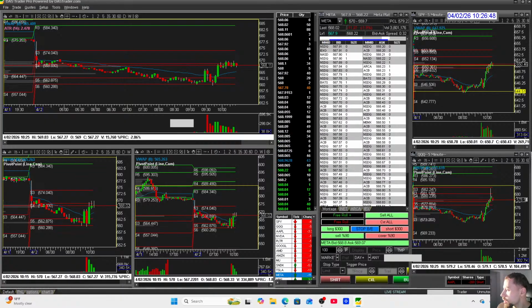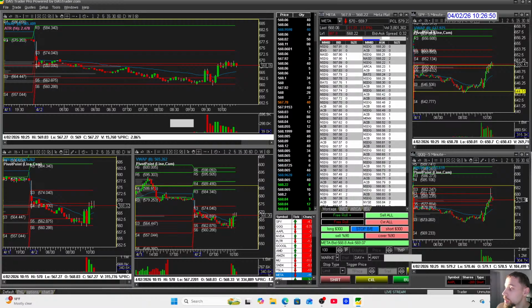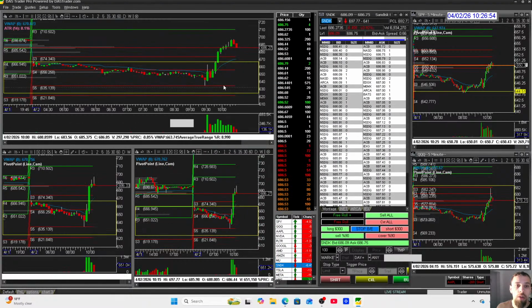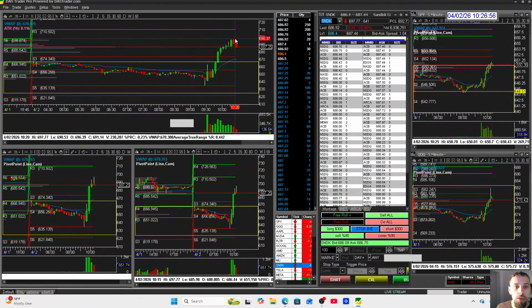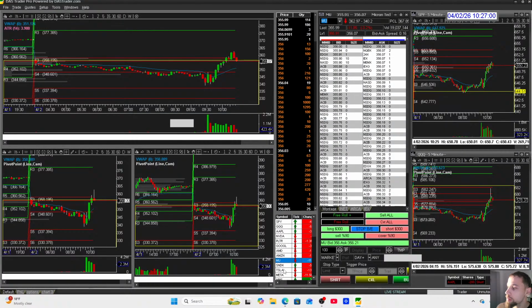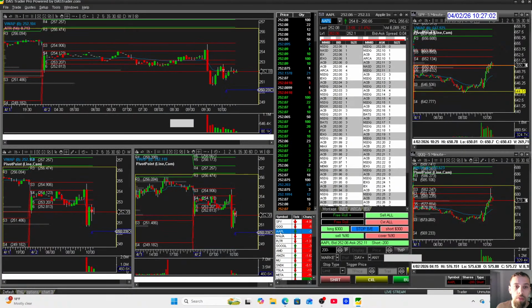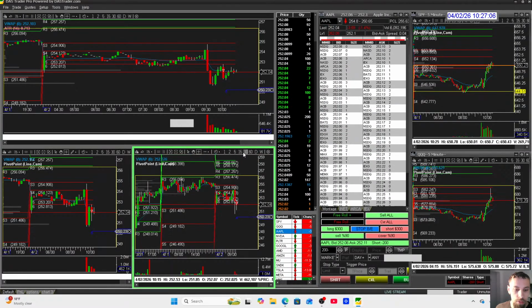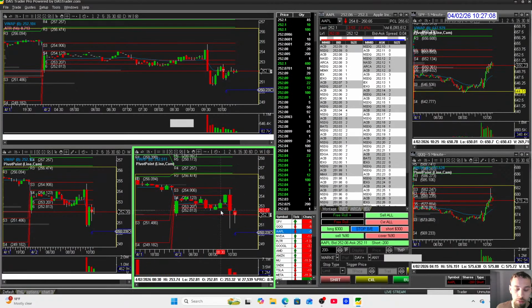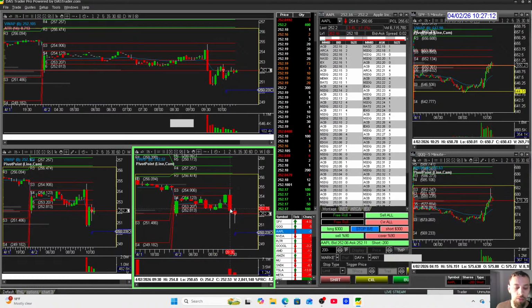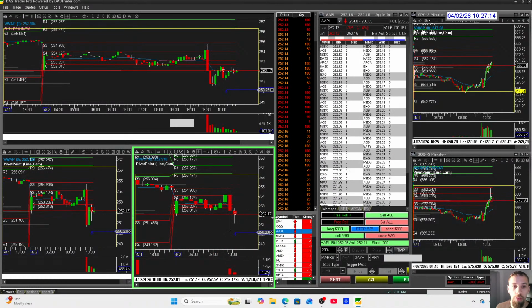More of the pullback that I was looking for. You can see we're finally starting to pull back a little bit. Apple, nothing going on. See what these next couple minutes bring.